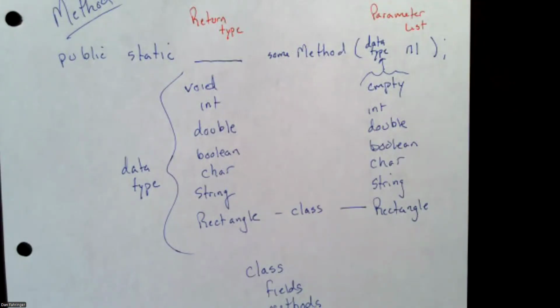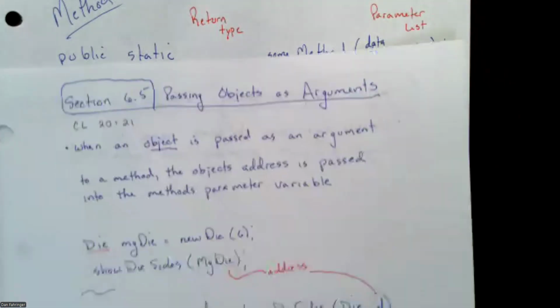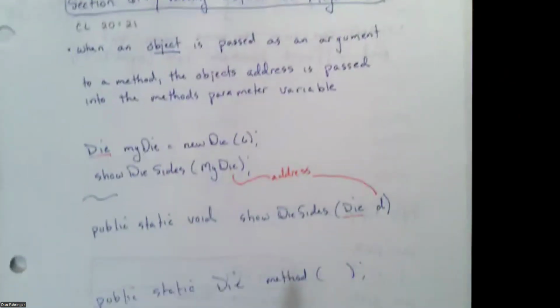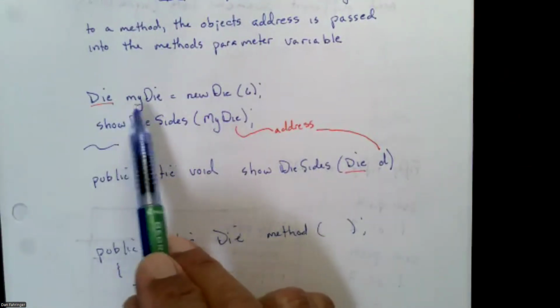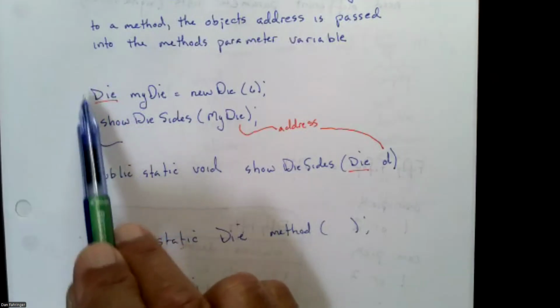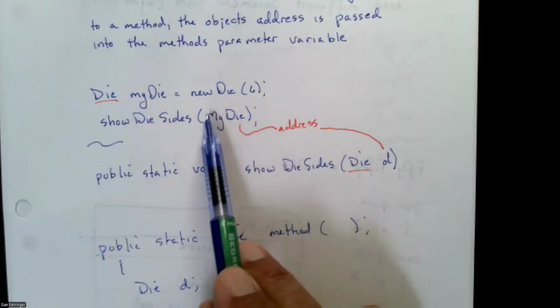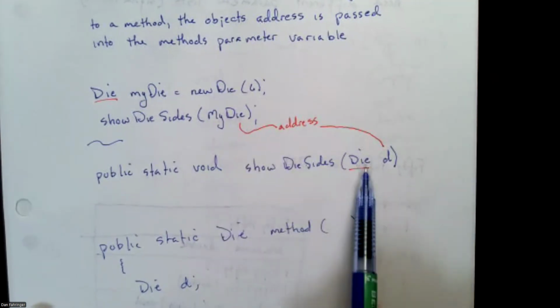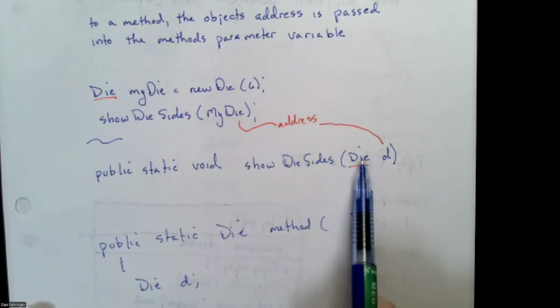So sections 6.5 and 6.6 get into this whole passing objects as arguments. Did I create a Die, myDie, of the data of the class Die? And if I wanted to pass an object, I would write the object's name, and down here's the data type again.